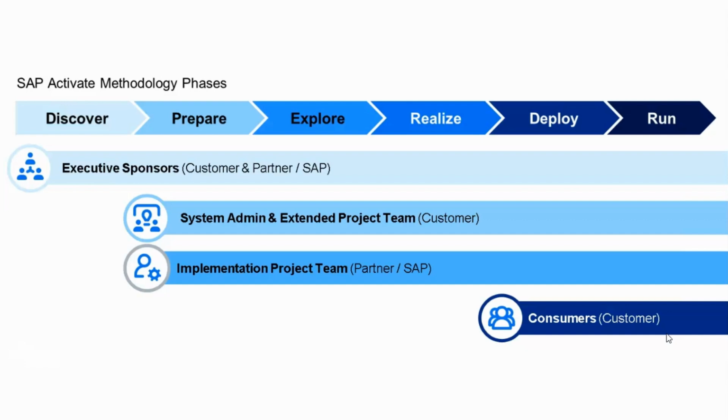Additional members will be added to the customer project team, including the project manager, who is the counterpart of the partner or SAP project manager, and the change management team should be established if the customer did not already purchase change management services from the partner organization.